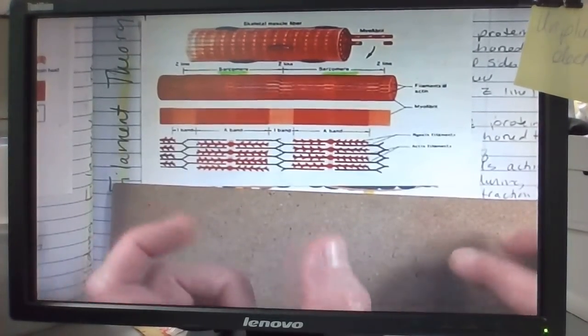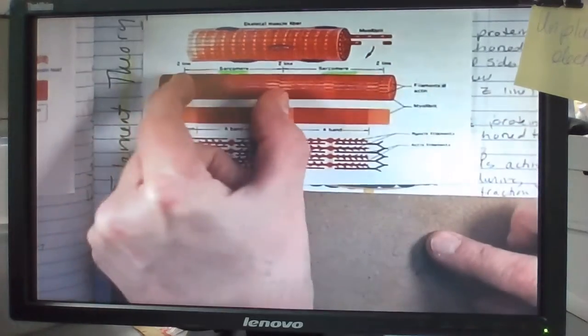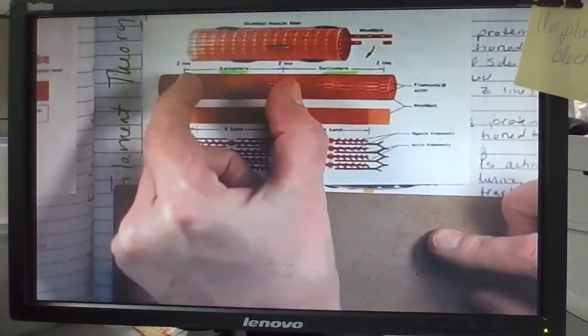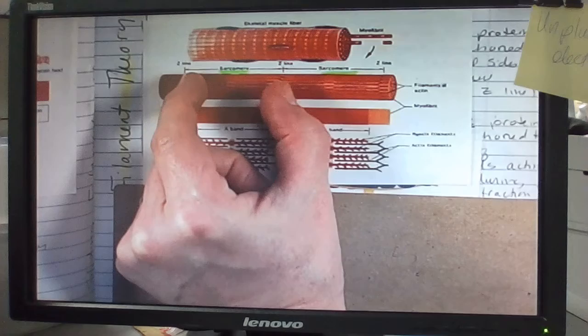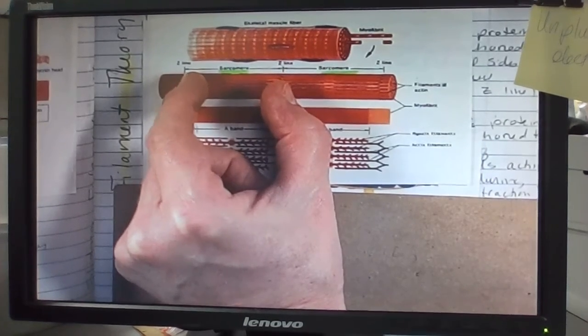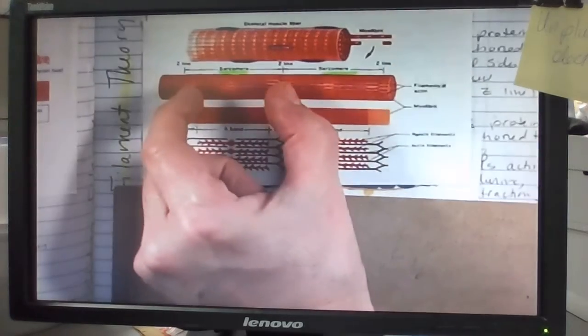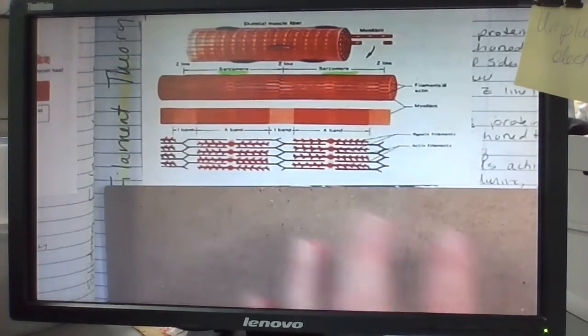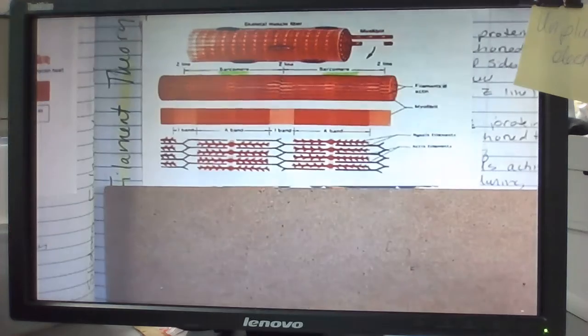Okay, so the striation, the bands, are sarcomeres. So when we talked about bones, we had an osteon as a unit of compact bone. So we can think of the sarcomere as a unit of a myofibril, of a muscle fiber.